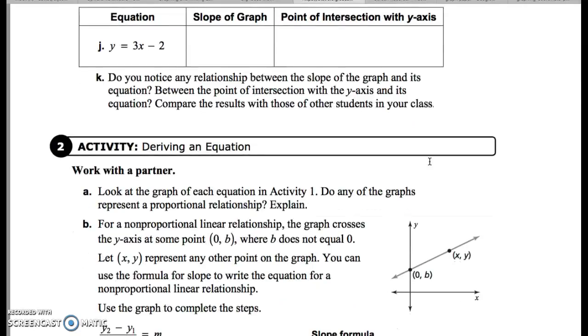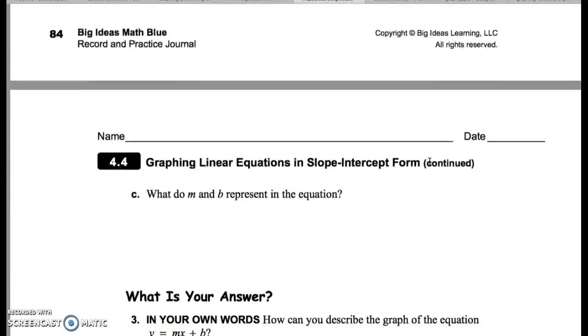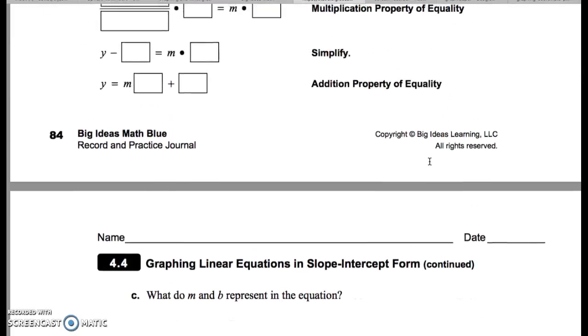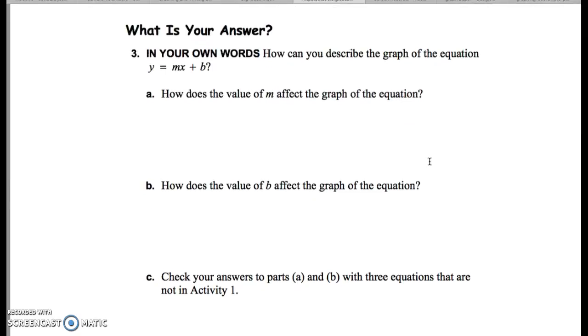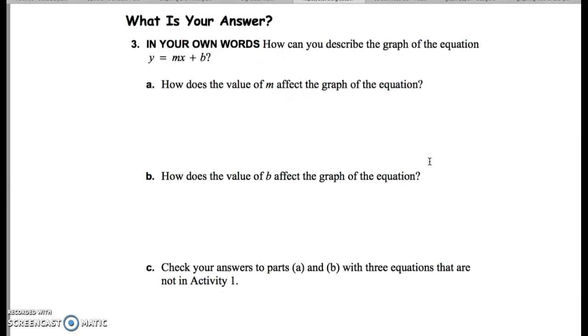Okay, so what I want you to do really quick, let's come down right here to number 3. You may have to flip over a couple pages. Okay, I really want to dive into what this form looks like.